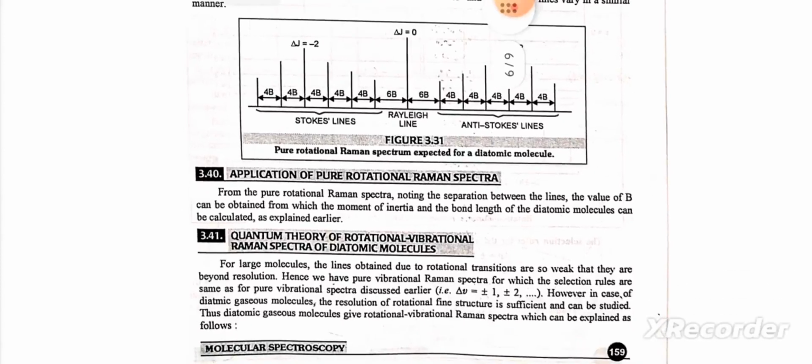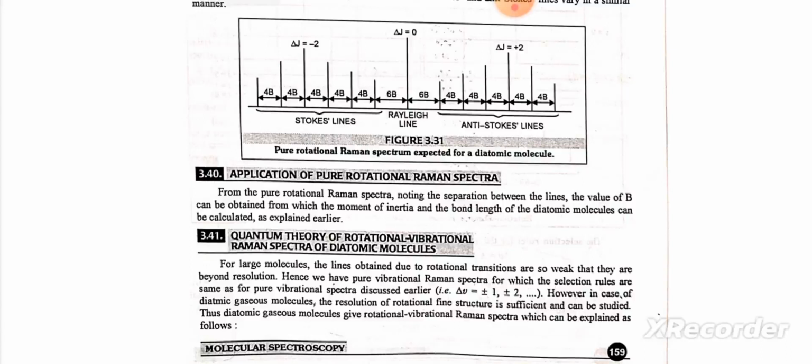Quantum theory of rotational vibrational Raman spectra of diatomic molecules. For large molecules, the lines obtained due to rotational transitions are so weak that they are beyond resolution. Hence, we have pure vibrational Raman spectra for which the selection rules are the same as for pure vibrational spectra discussed earlier.